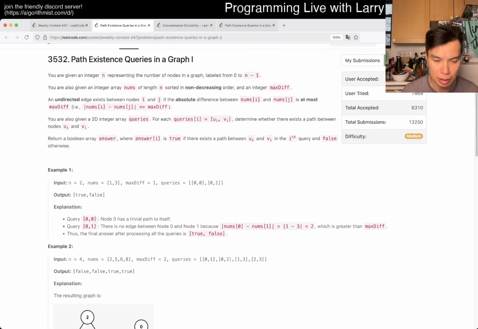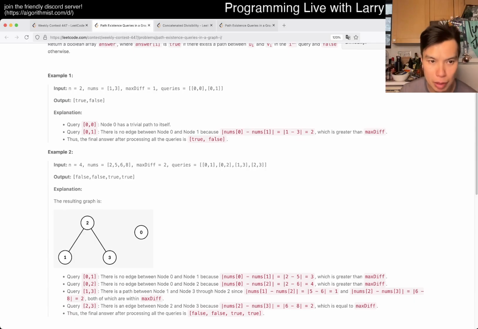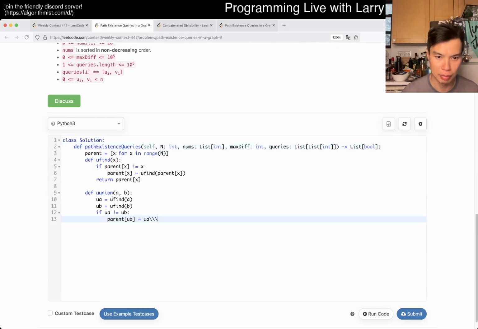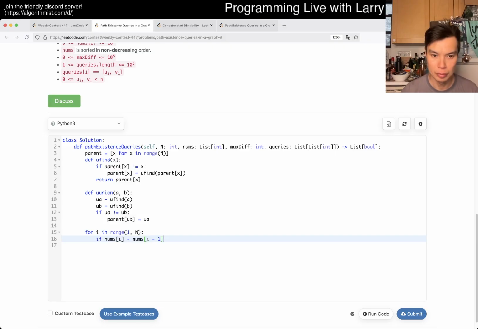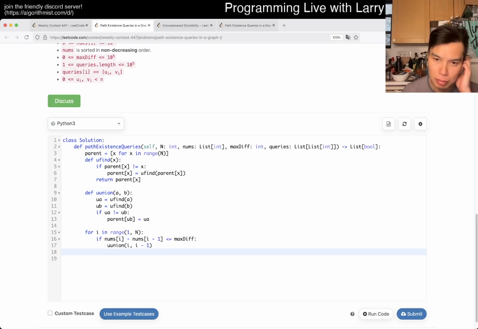I guess these are just, yeah, okay. I guess I defined that. All right. Then we just union I minus 1, right? And that should be fine.